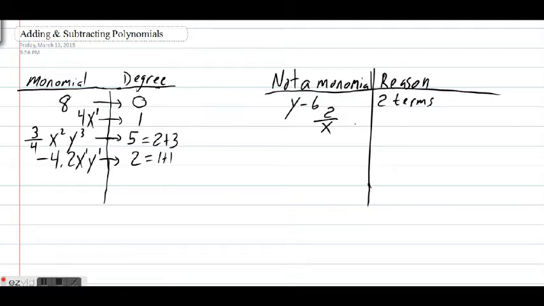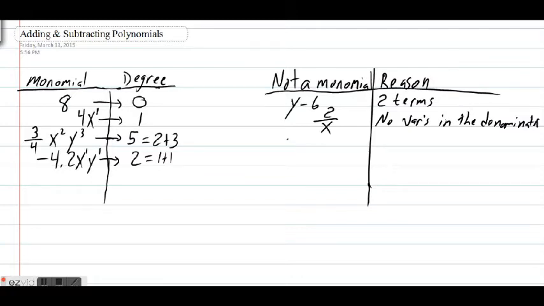2 over x is not a monomial because we can't have variables in the denominator's position. Right?